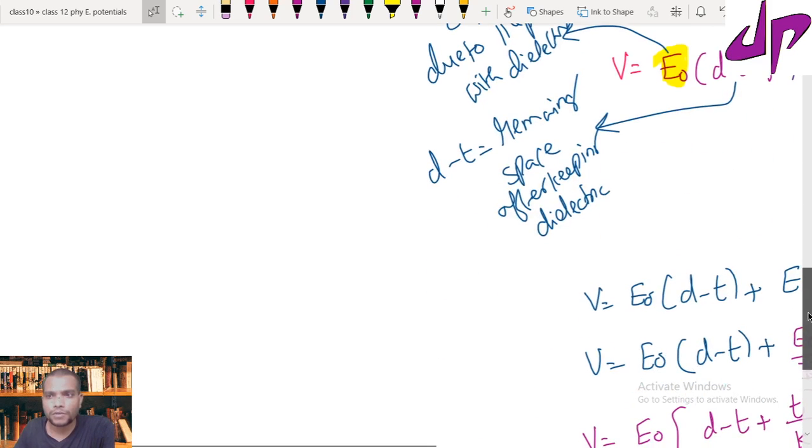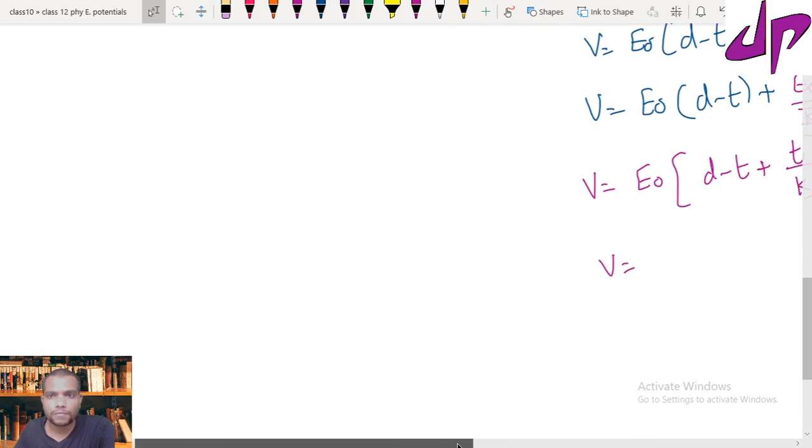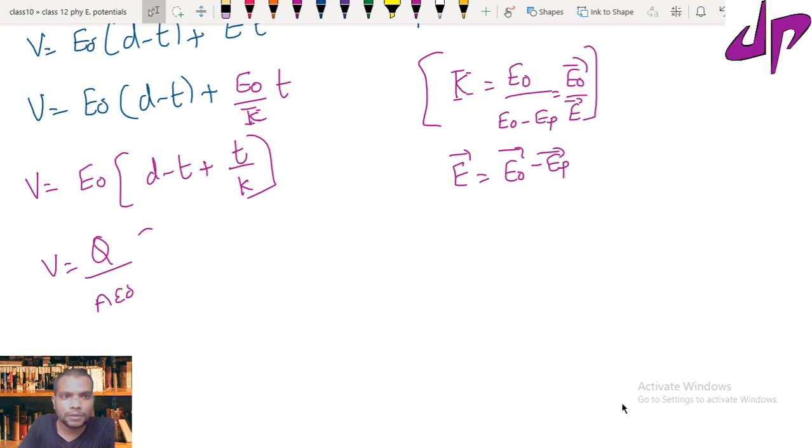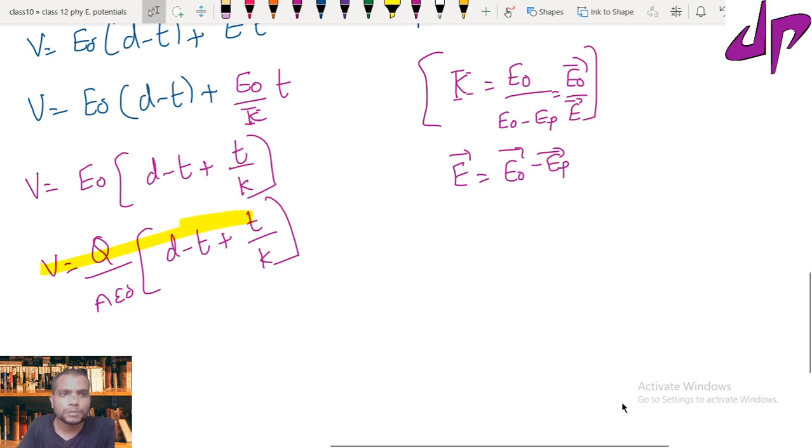So V equal to capital Q upon A epsilon naught times D minus T plus T upon K. So this is the potential expression. But we need to calculate the capacitance.